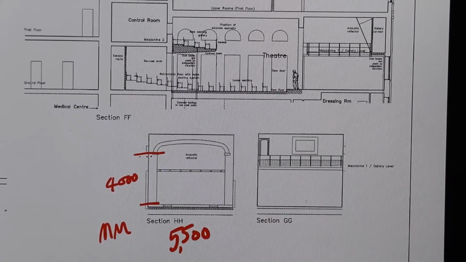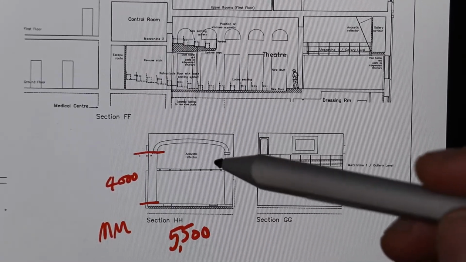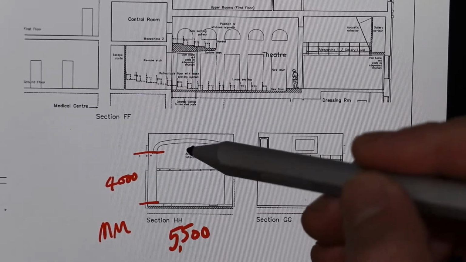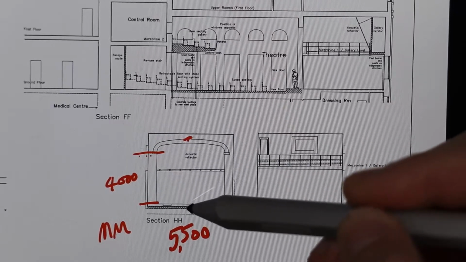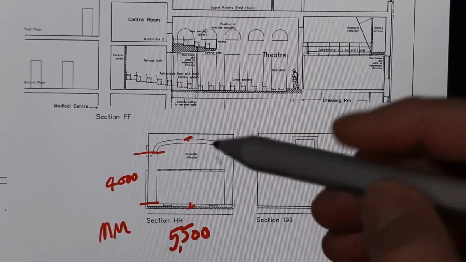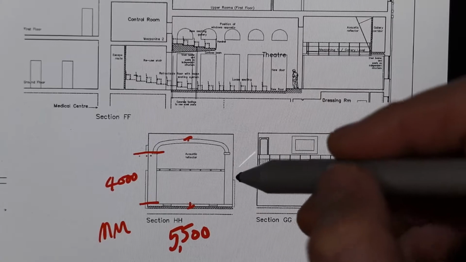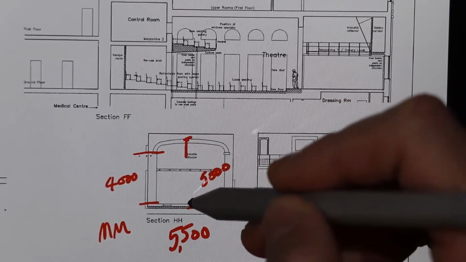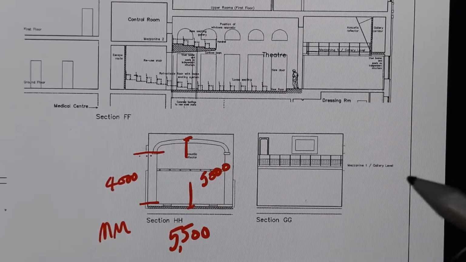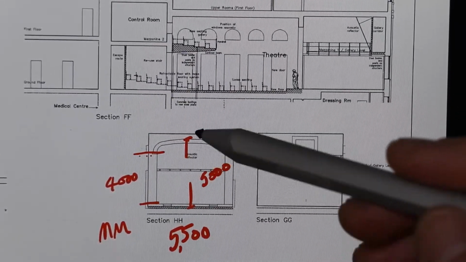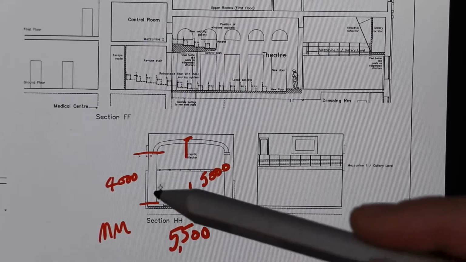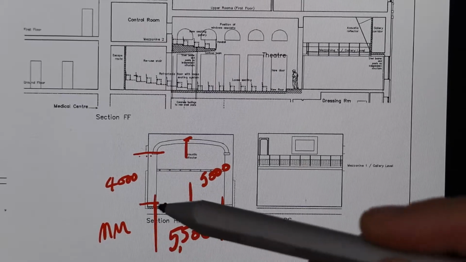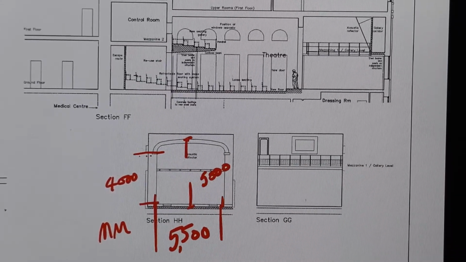Okay, so we must make sure that we are always using millimeters. Now the center height of that arch here to here is 5,000. Okay, so we've got a 5,000 height, 5.5 width, opening to opening, and a 4,000 height to the base of that arch.